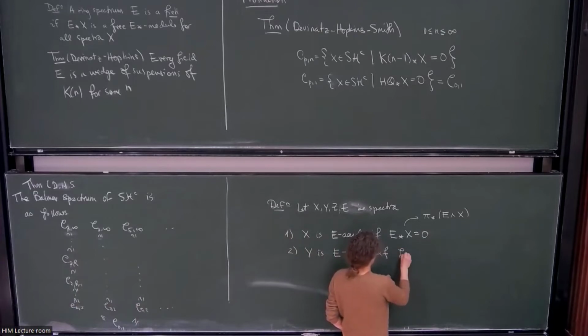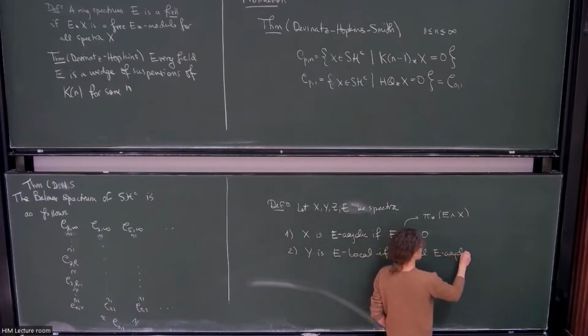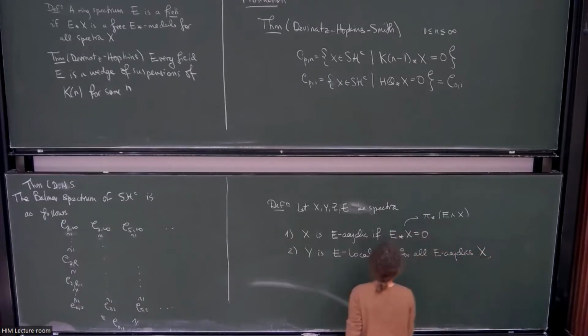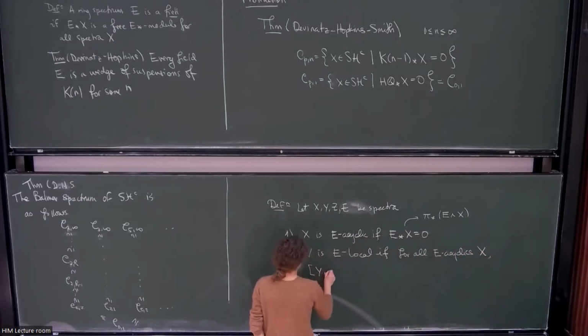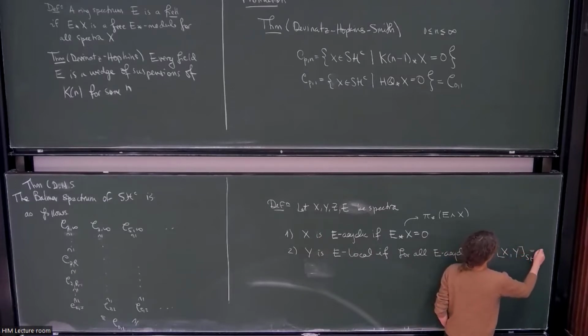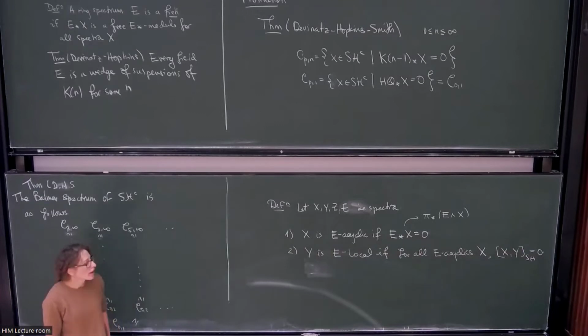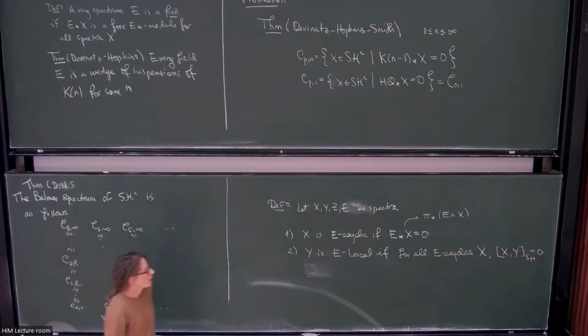If for all E-acyclics, the maps from X to Y are 0. You're local if you don't admit any non-zero maps from an acyclic.